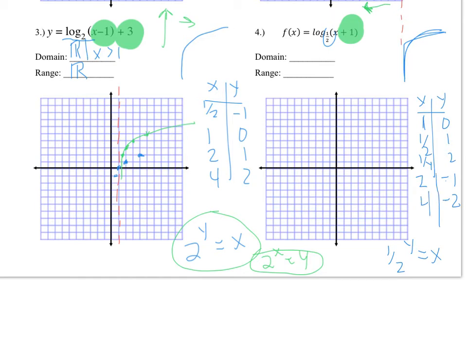This, again, is the graph of y equals log 1/2 x, and we did that as the rewritten form to make our life a little easier. So plotting points, 1 across, 0 up puts us right here. 1/2 across and 1 up puts us here. 1/4 across and 2 up puts us here.